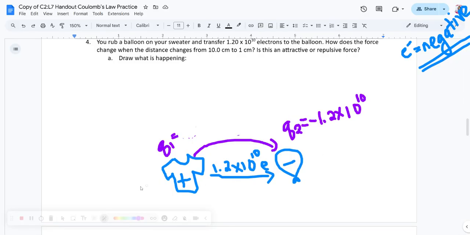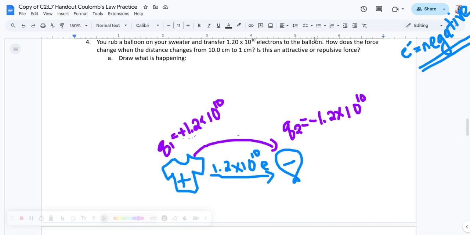But negative, right? Because it gained electrons. And over here, this sweater lost 1.2 times 10 to the 10th electrons, which means that now it's missing those electrons, so it's become that much positive. And so now we have this positive charge going on. Okay, so that's the first thing we want to think about. That's just the first sentence, y'all.